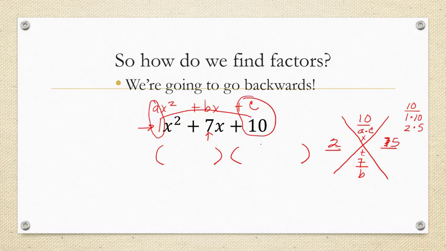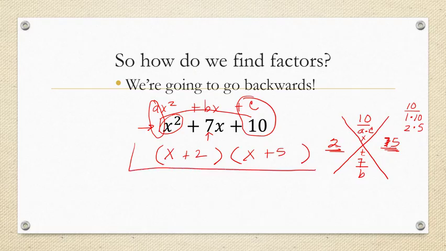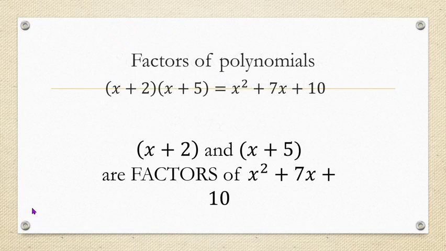So we're going to take these two x's here and split them. Then we use this 2 and this 5 to put positive 2 here, positive 5 here. And we just factored a quadratic. That is what is showing over here. That is how they came up with x plus 2, x plus 5.